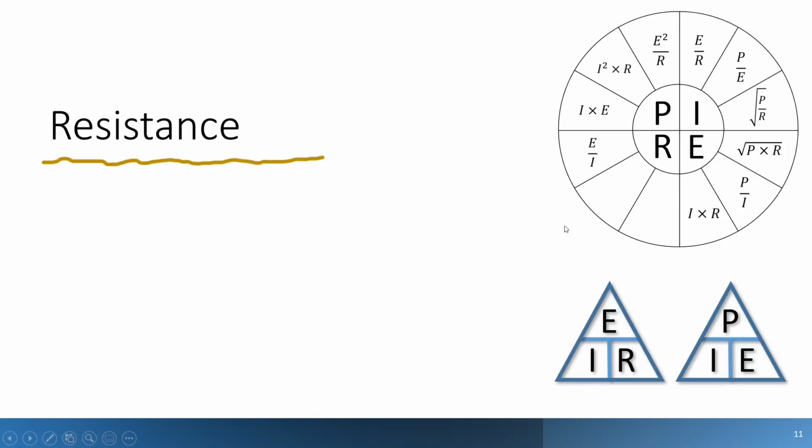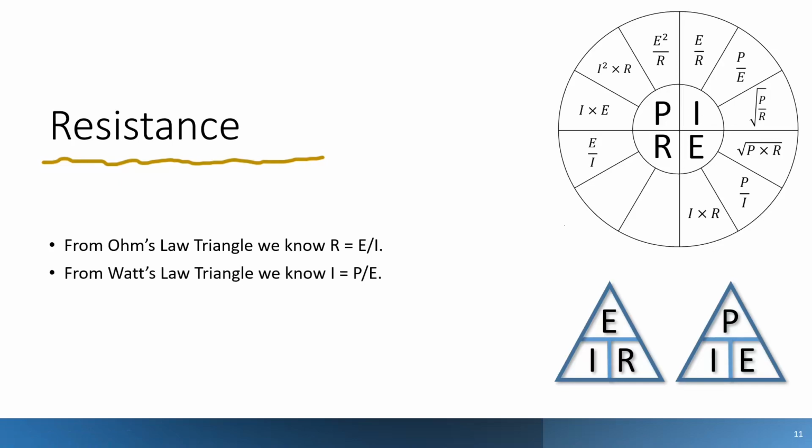Okay, let's move on to our last component here, and that is resistance. From Ohm's law triangle, we know that R equals E divided by I. And from Watt's law, we know that I equals P divided by E. So now we can substitute the I in the Ohm's law equation with this P divided by E. So here R equals E divided by P divided by E. Okay, so we have a double division, and we can do another math function on that.